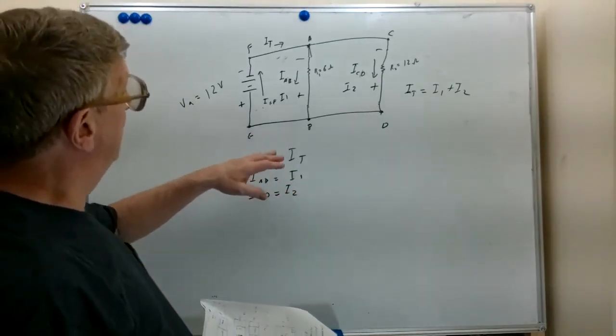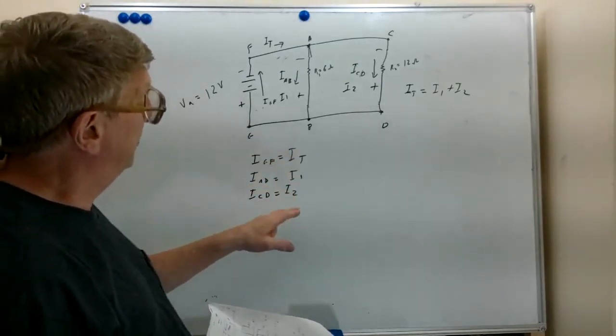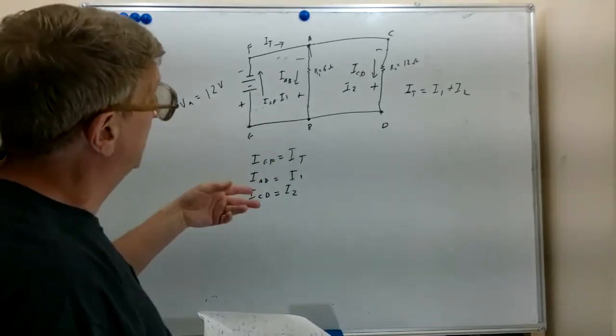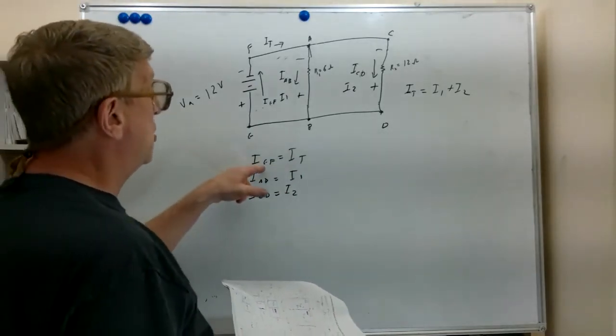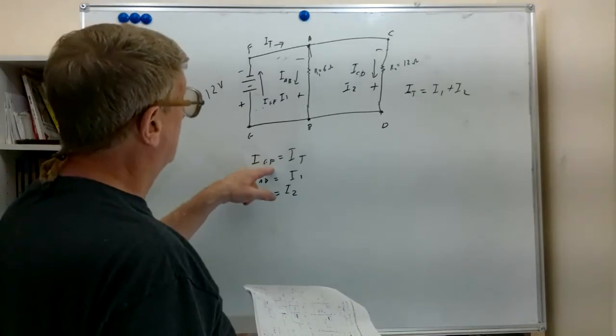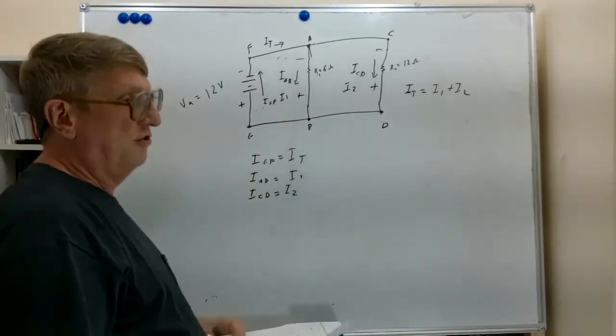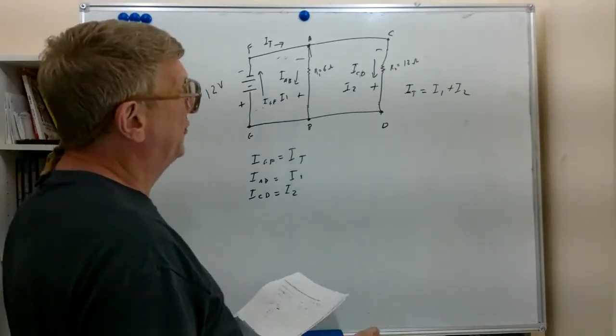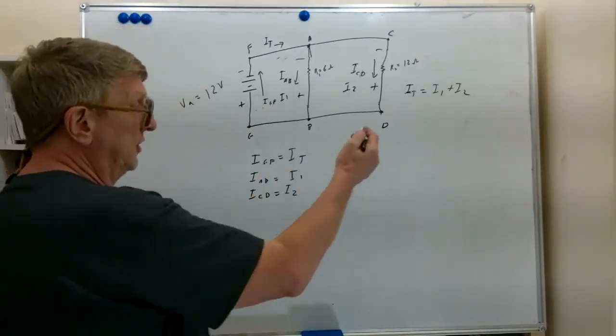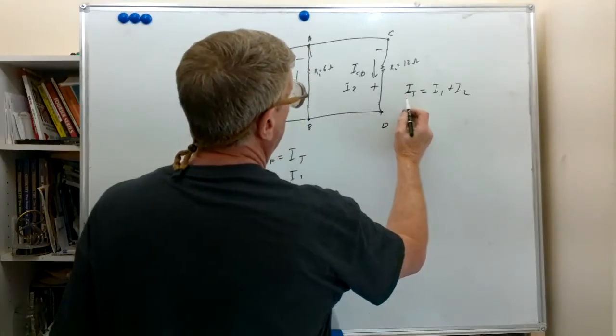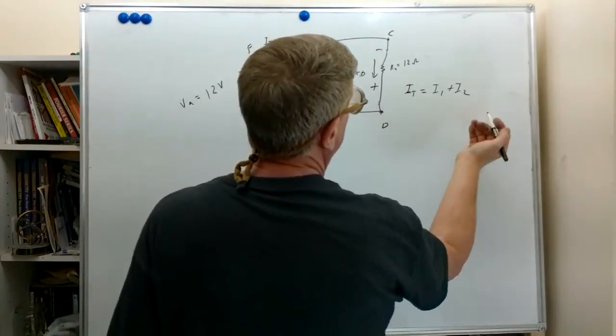Rather than label them by our specific subscript total, 1, 2, we've labeled them by the nodes or points in the circuit that they travel. Here's from E to F, from A to B, from C to D. And of course, we're referring to all this in electron flow. So here we got a total current flow. IT equals I1 plus I2.